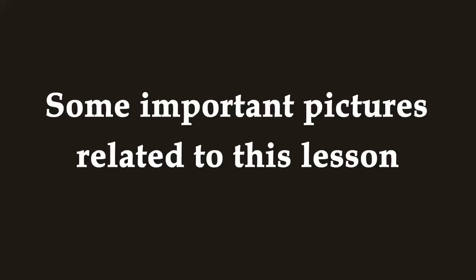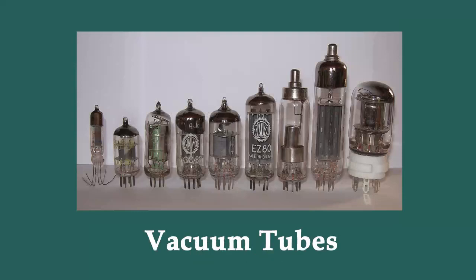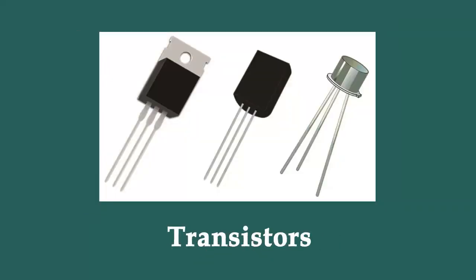Now let's get familiar with some important features regarding today's lesson. This is ENIAC, the first generation computer. These are vacuum tubes, the main electronic component used in first generation computers. These are transistors, the main electronic component used in second generation computers.